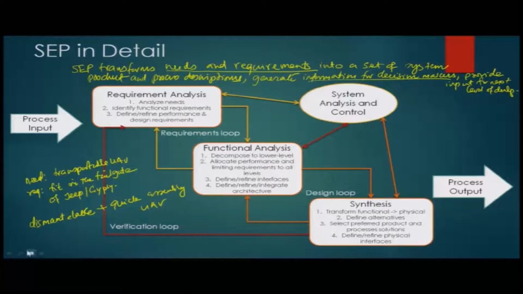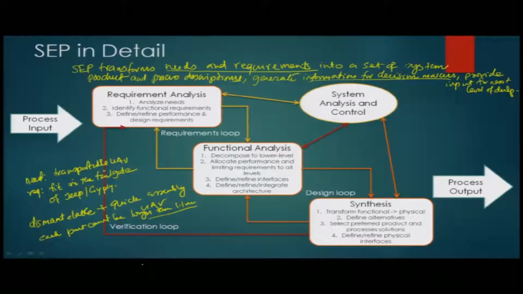To fit the tailgate of the jeep or a gypsy, it defines the length of each individual part. So, we will say okay, each part cannot be longer than 1.1 meters, something like this. So, then this gives you the design requirements. The earlier part gives you the need requirements.